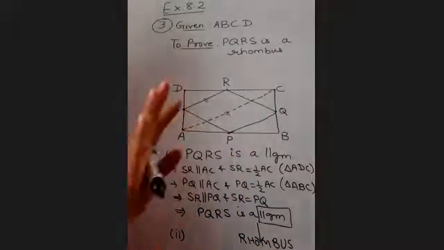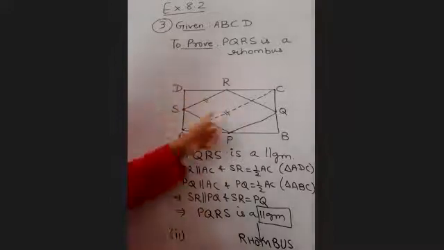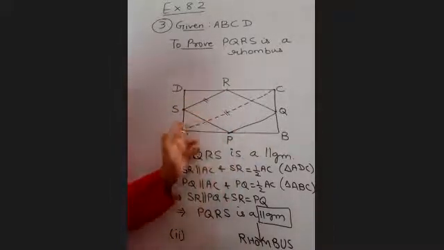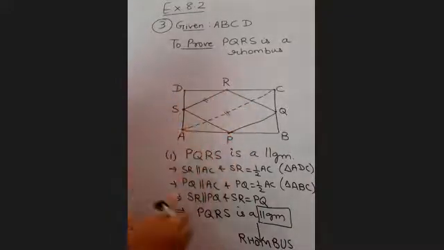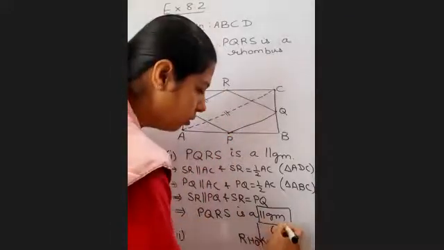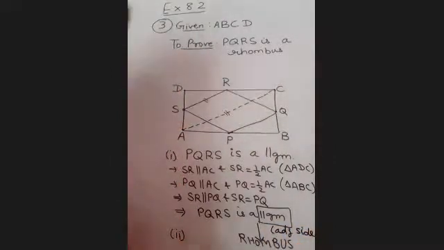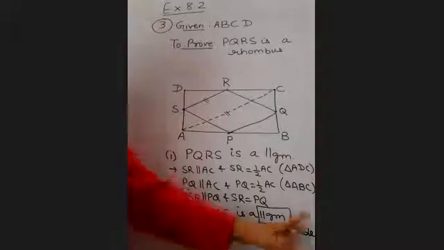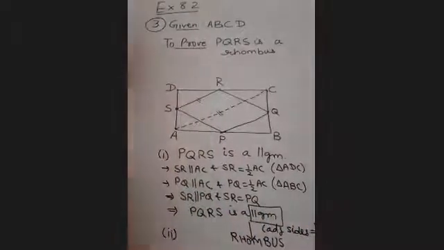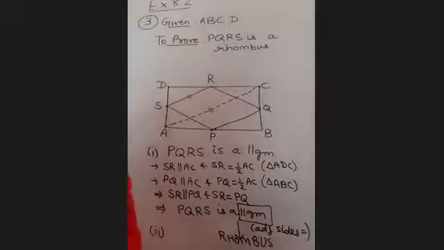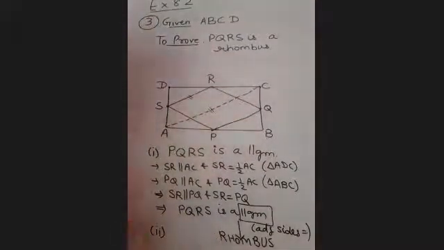In a parallelogram, opposite sides are equal, but in a rhombus, all sides are equal. So I just need to show that adjacent sides are equal. If we show that adjacent sides are equal, we will be done.